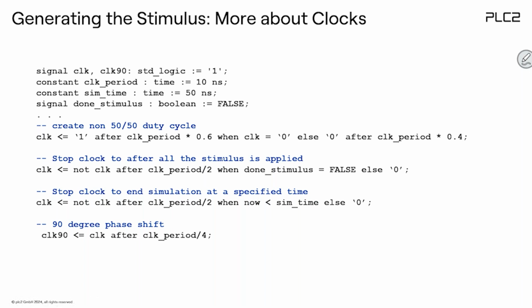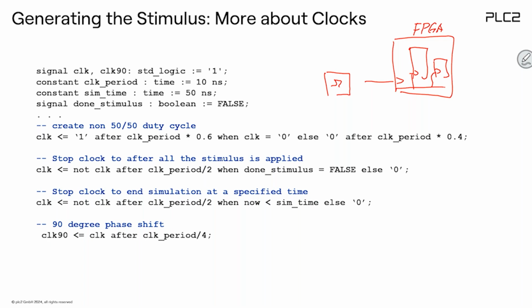Well, in this case, let's assume you do an FPGA, and that is very typical: you have a clock for the FPGA, and inside the FPGA, in a lot of cases, everything is running with the clock. But if you stop the clock because all of the stimuli are done, the simulator understands there will never be a rising edge again.